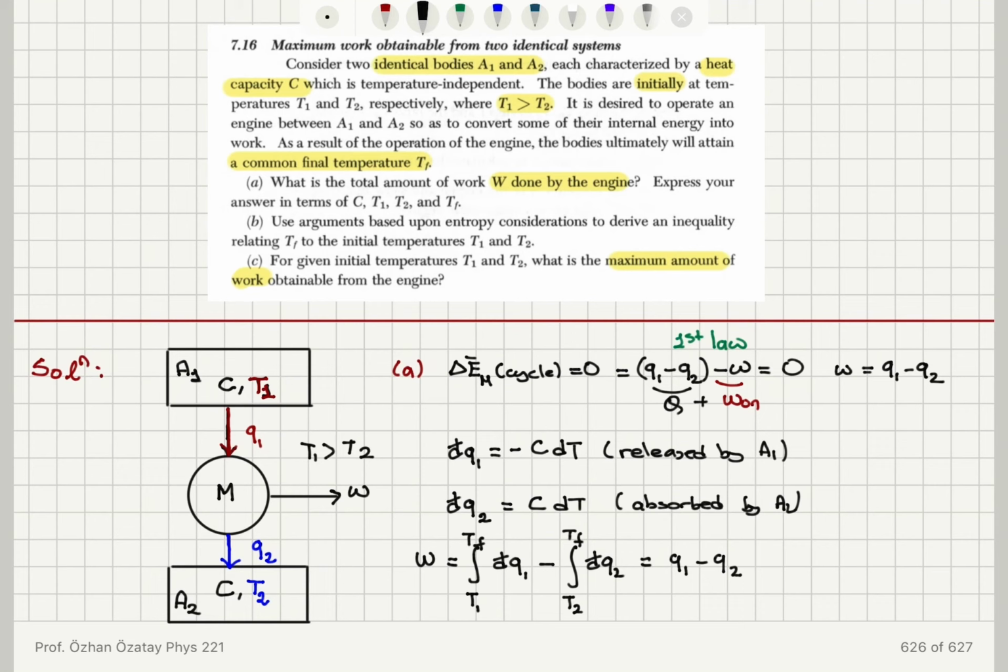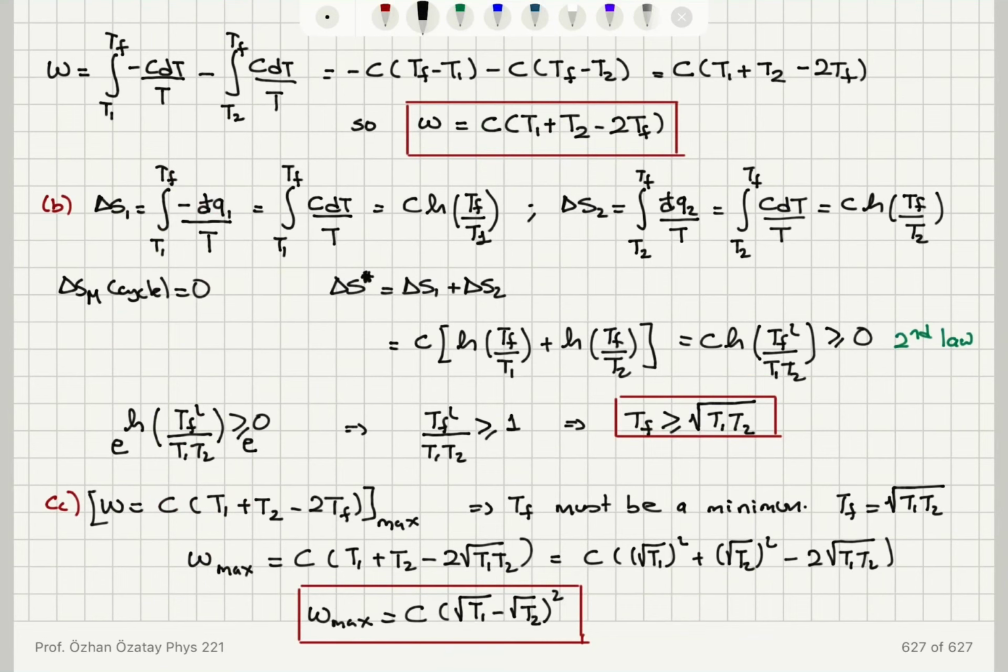Infinitesimal amount. So the total work done will be the integral from T1 to T final of d bar q1, heat released by A1, minus the integral from T2 to T final of d bar q2, heat absorbed by A2. So that gives me C times (T1 plus T2 minus 2T final).